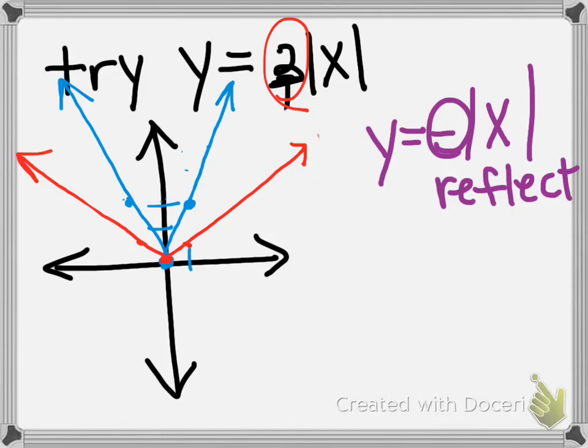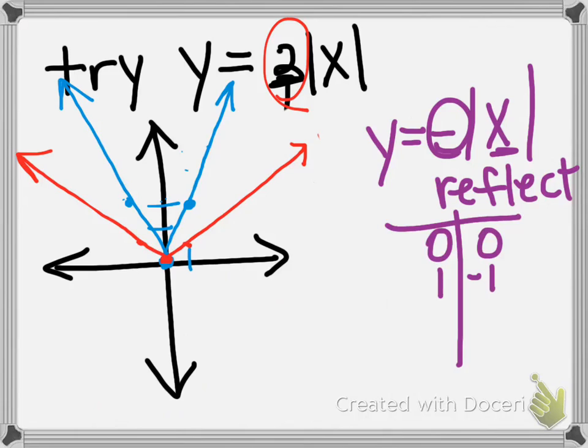Okay, so if we reflect it, we're going to have 0, 0. When you plug in 1, the absolute value of 1 is still 1, but the negative makes it negative. When we plug in negative 1, the absolute value makes it positive 1, but this negative on the outside keeps making everything negative. So we're going to have 0, 0, we're going to have 1, negative 1, we're going to have negative 1, negative 1.